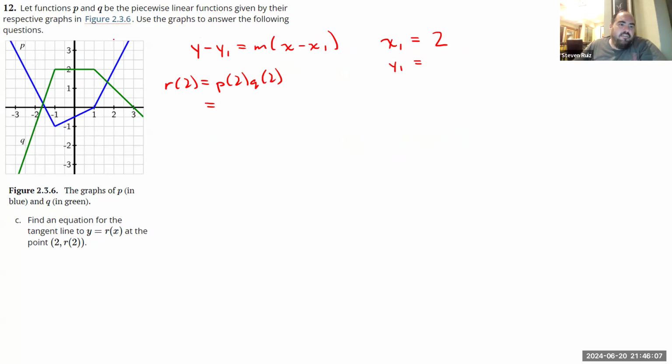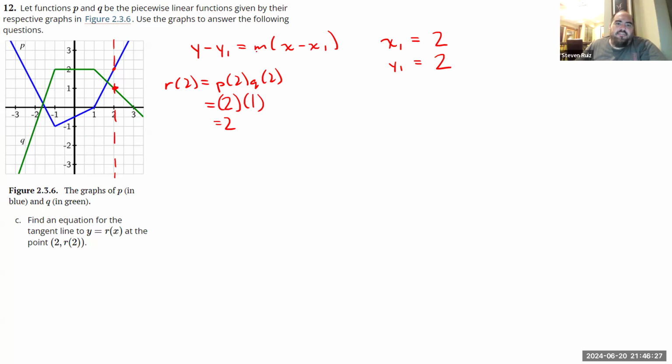So we care about this value of x. So p of 2 is going to be equal to 2. And q of 2 is going to be equal to 1. So our value of y1 is 2.